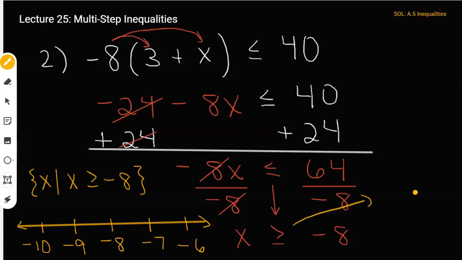So since I have a greater than or equal to symbol, I'm not going to use an open dot. I'm going to use a closed dot like this. And you can tell because there's a little line underneath the greater than symbol. That means greater than or equal to. So I'm going to have a closed dot, and I'm going to shade to the right this time.